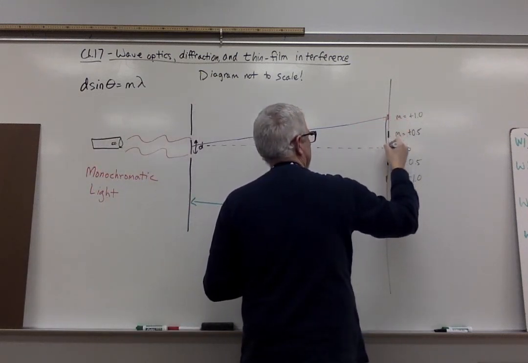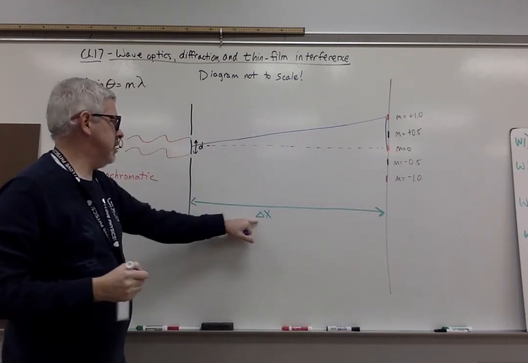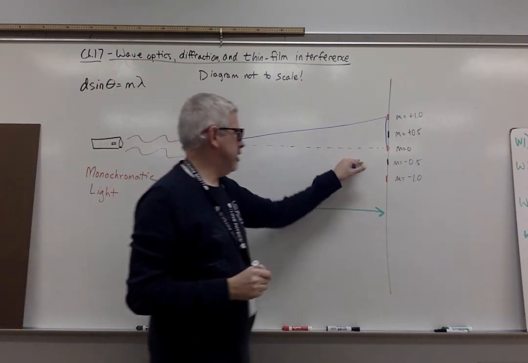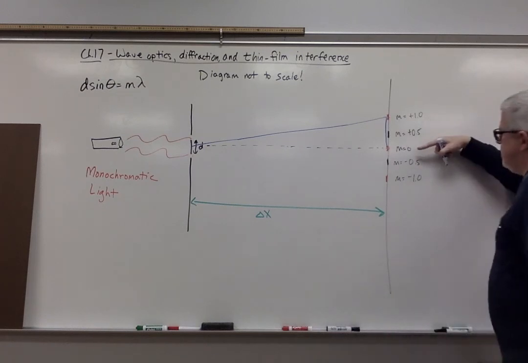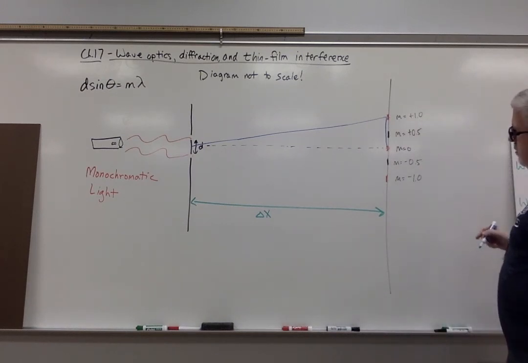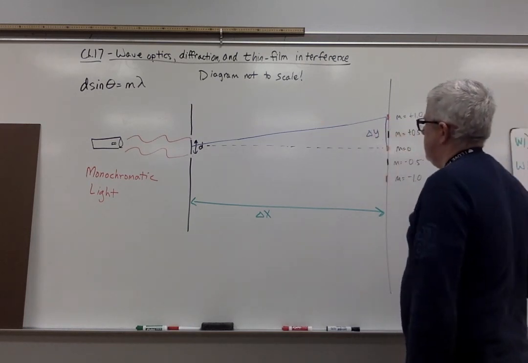So on this screen, you should be able to use a meter stick or something to measure this distance, which I'm calling delta x. That would be the same as across here. You should be able to know the difference between the central maximum and this first order maximum, as it's called. I'm going to call that delta y.